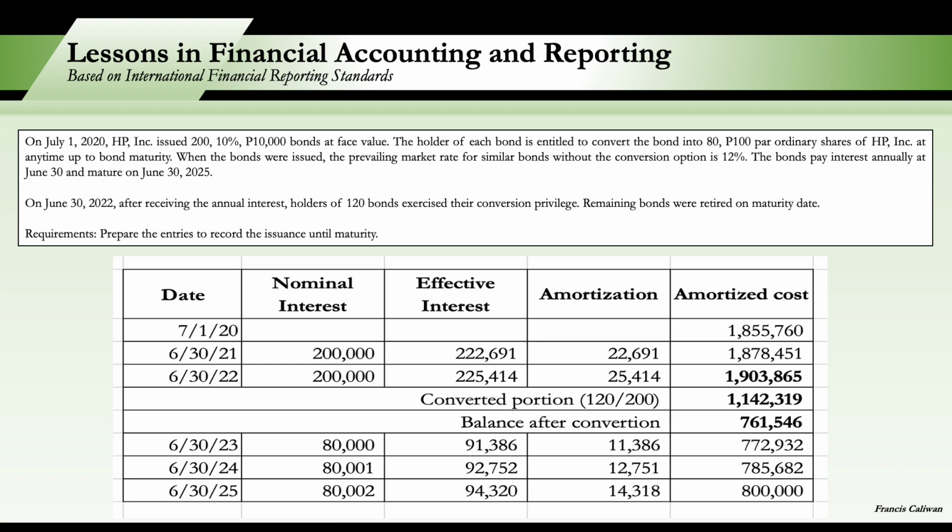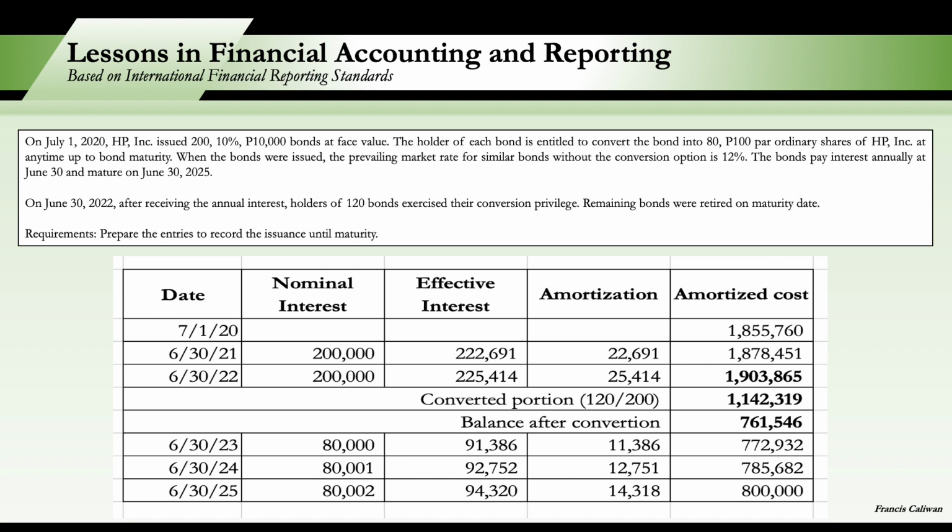761,546. Since the face value of the bonds decreased, our nominal interest also decreased, and our effective interest decreased as well because the carrying value or amortized cost decreased, and then the amortization is also affected, and so on.